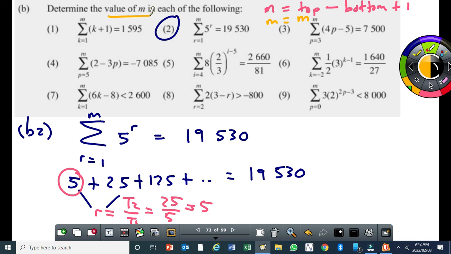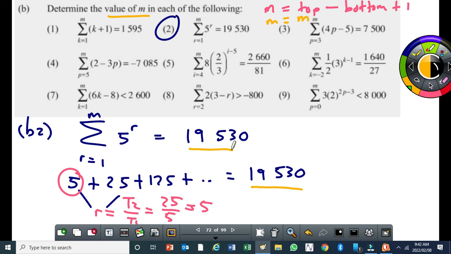There are many terms, and we don't know how many there are. Then you must equate that to 19,530 because this is the sum of all those terms. We need to determine how many of them are in that series.